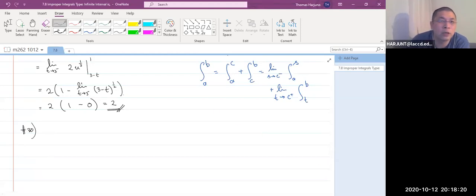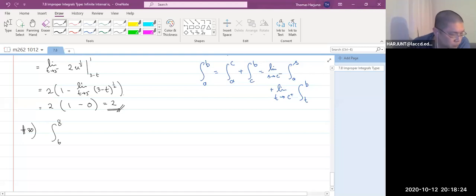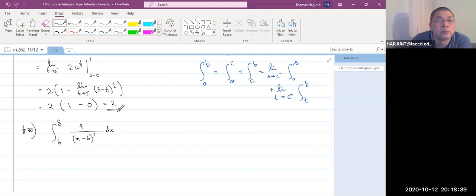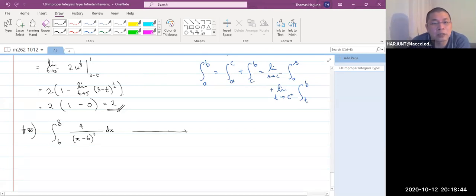Okay, number 30, we have the integral from 6 to 8 of 4 over (x minus 6) cubed dx. It is undefined at 6. So the integral is from 6 to 8, but it is undefined at 6, right?